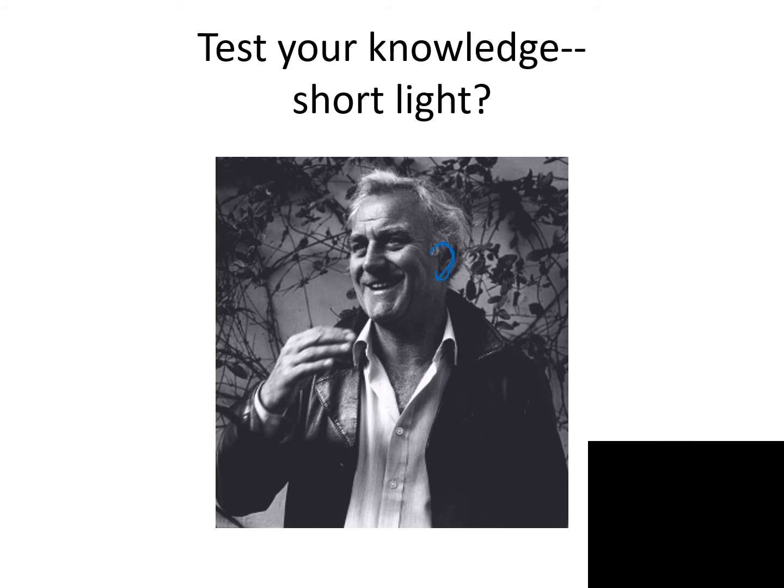That means we have a 3/4 pose. I can't see the other ear. That's good. Now I'm seeing shadow all along this side of the head. And a definition for short light is that the ear facing the camera is in the shadow. So good job if you guessed yes, that is short light.